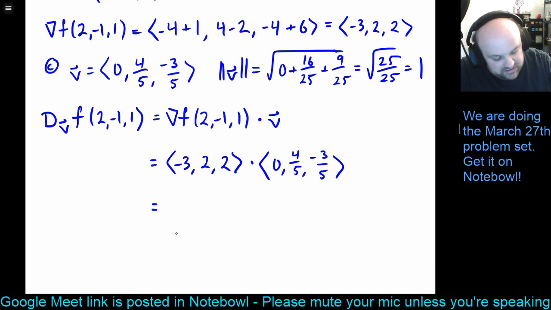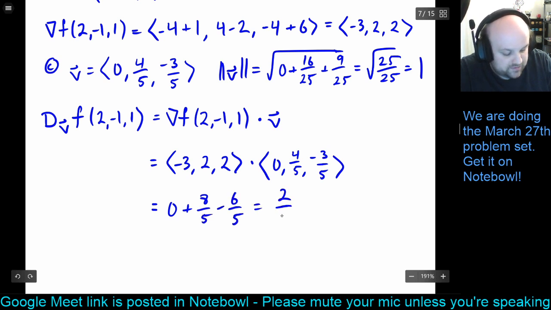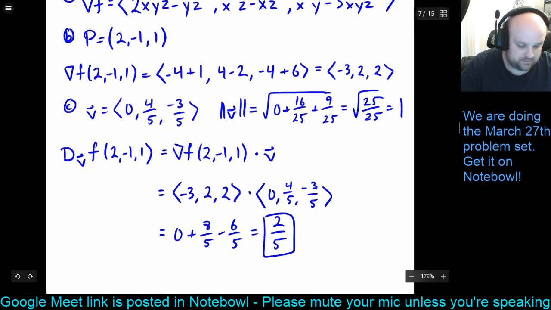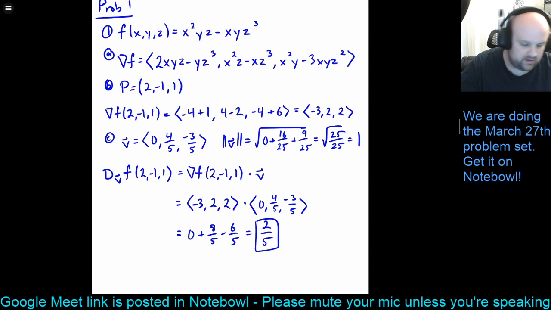When we compute this, we wind up with 0 plus 8 over 5 minus 6 over 5, so 2/5. Right? So not all that much going on in the problem here. But any questions?